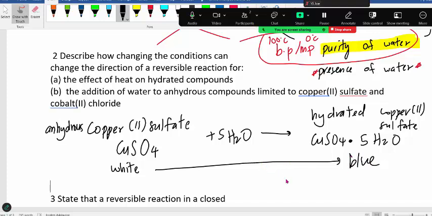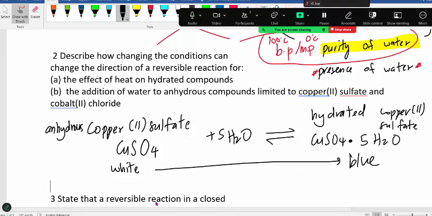So if it changes to become blue, it is water. If I put alcohol inside, it won't change blue. Okay, if I take this blue crystal and I heat it up, will it change back? Yes, it will change back. So this one is reversible. Okay, so can you write down how to test purity of water, and for presence of water you use this method.